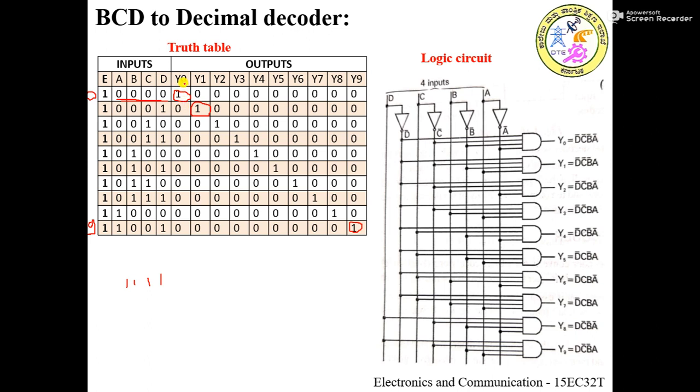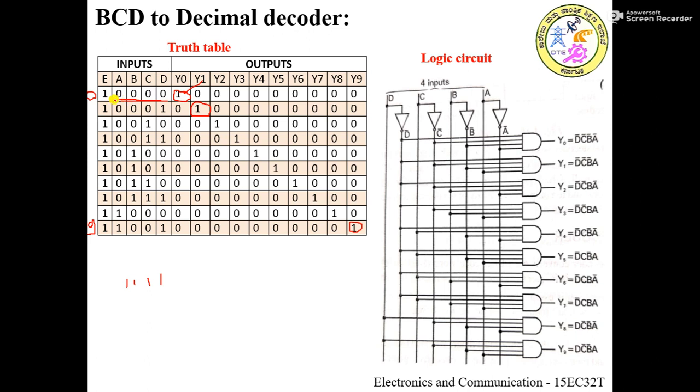Let's say we are writing the logic expression for y0, which is not 0 only for the first combination. For this first combination, we have to multiply these input literals.